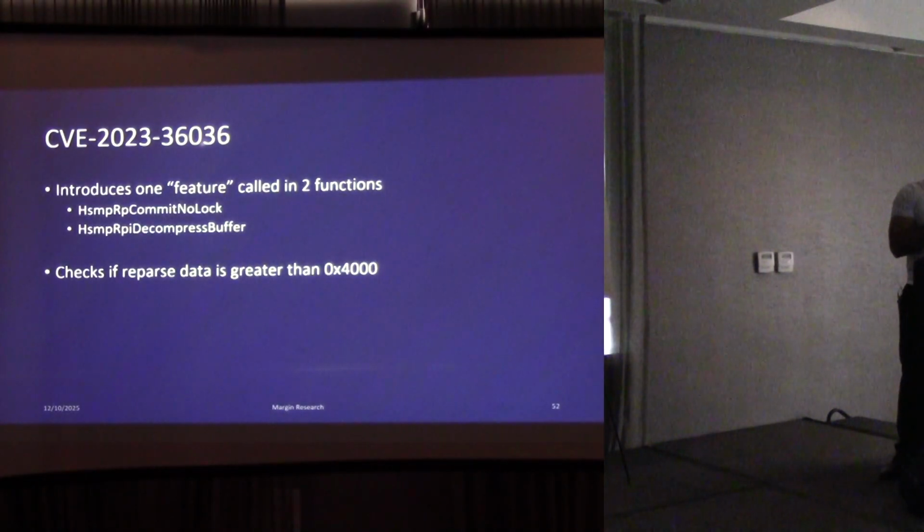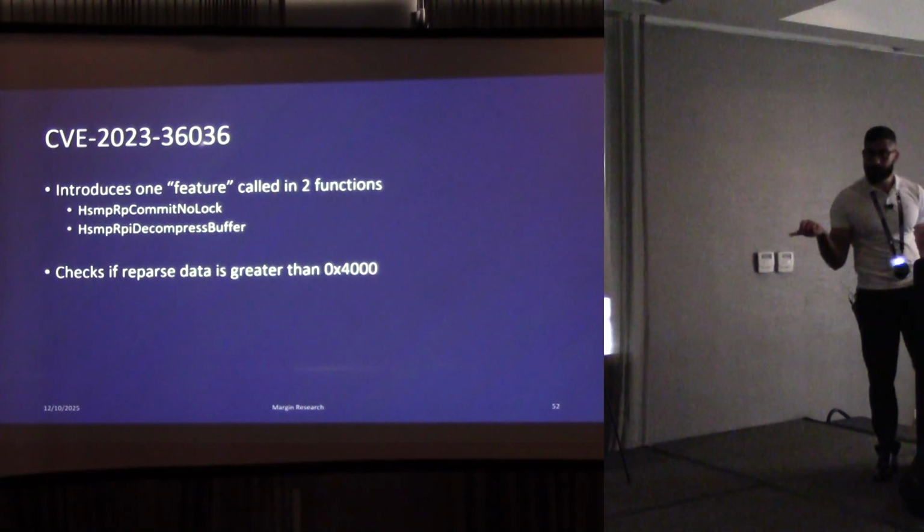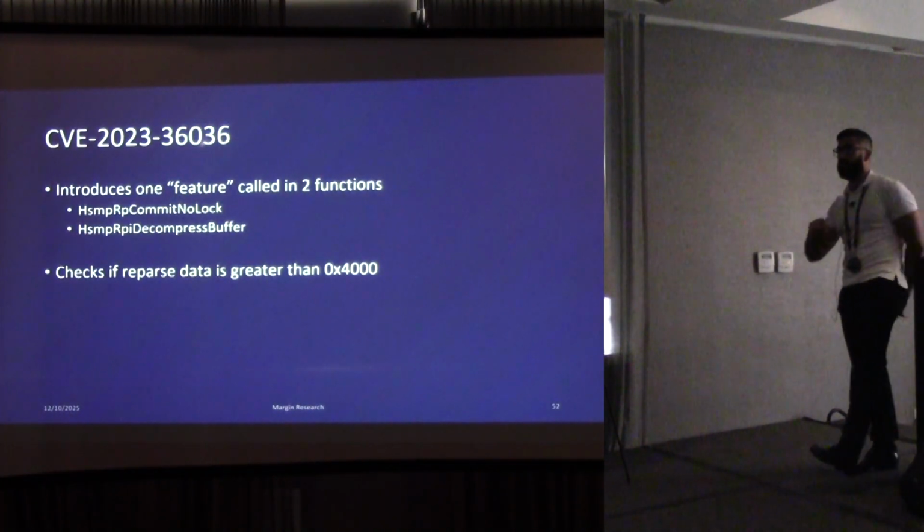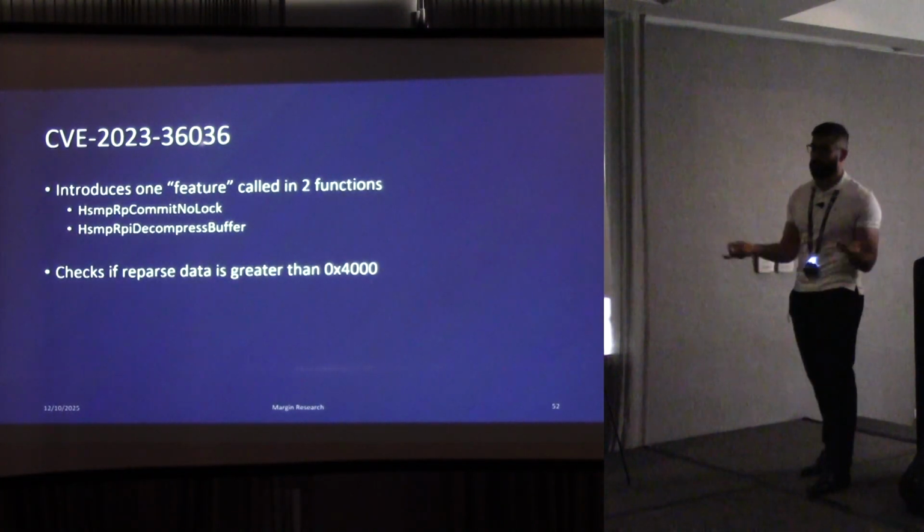Now, interestingly enough, if you saw the introduced functions from last time, they're here again. So Microsoft actually fixed the bug and introduced a new function that has another bug.